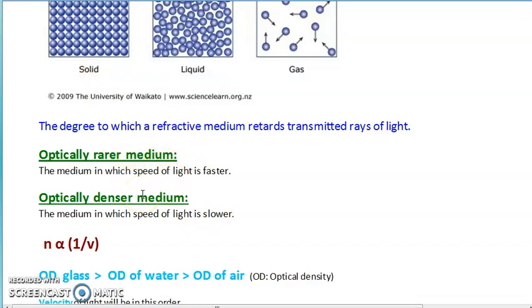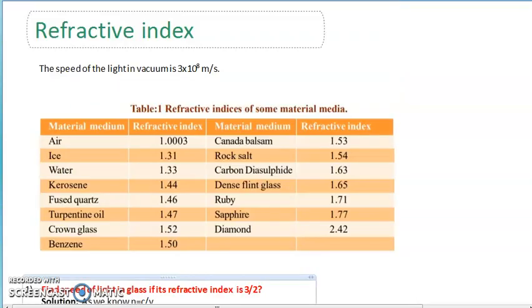How can we conclude in case of examples? In the refractive index discussion, we saw that air is one medium, glass is another medium, and water, whatever it may be. We have given one table, no? The refractive indices of some materials.